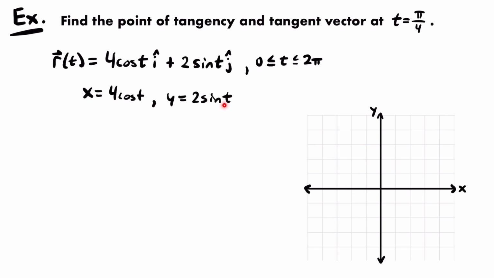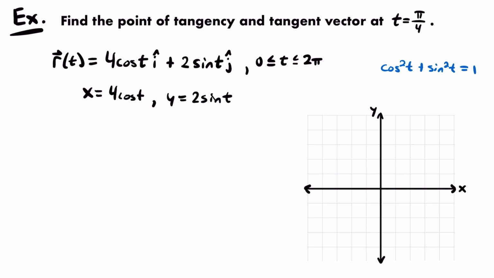And when you're working with sine and cosine, remember that you're probably going to want to make use of the Pythagorean identity, specifically the identity that cosine squared t plus sine squared t equals 1. That is the Pythagorean identity for sine and cosine.